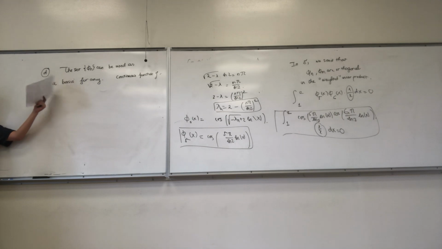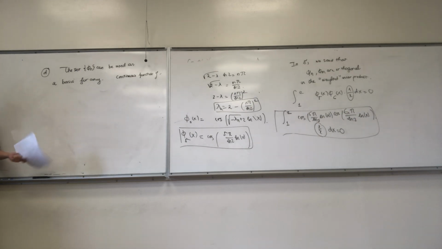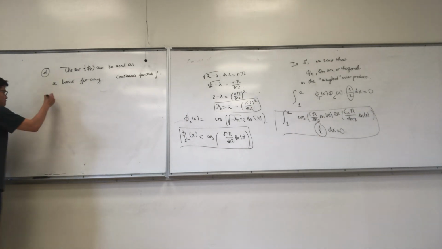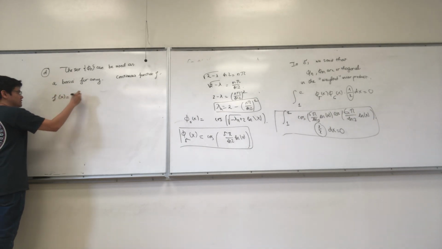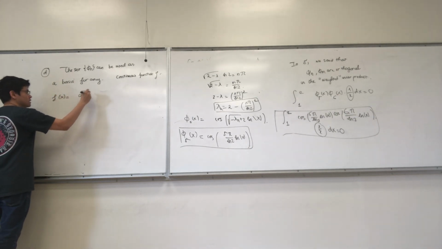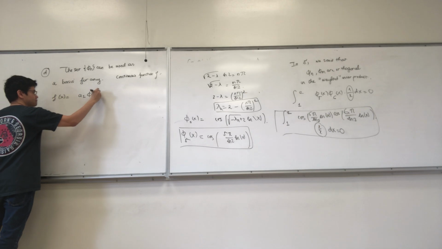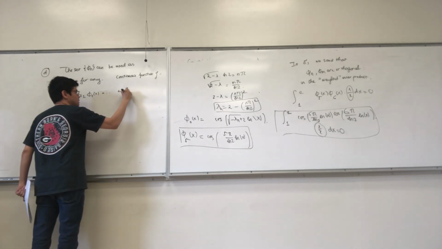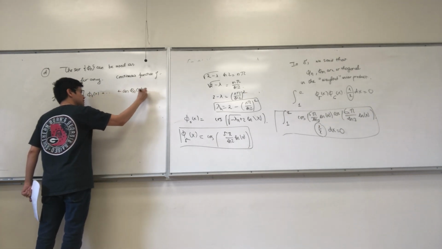This function doesn't need to be periodic, right? So you have f of x is going to be a1 phi1 plus ... plus an phi n of x, right?